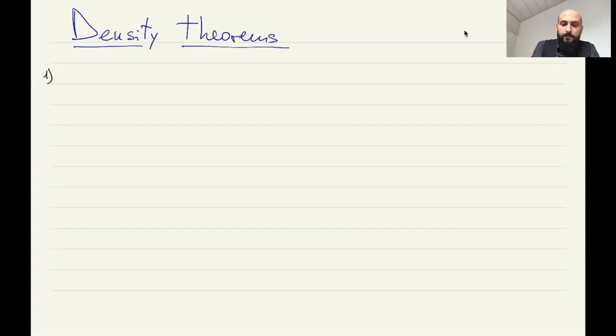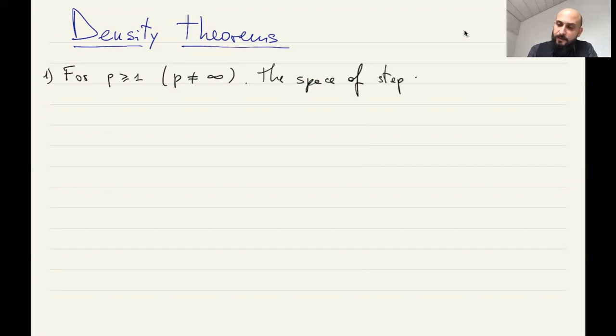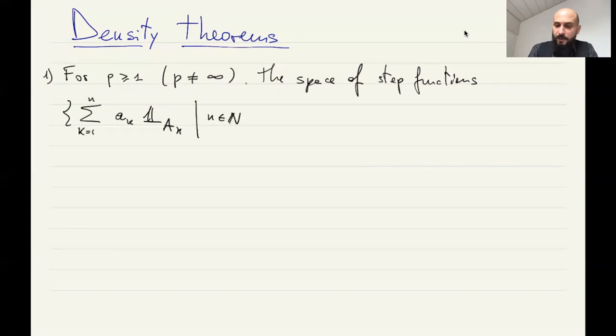The first theorem that I'll present is for all p greater than or equal to 1, but not p equal to infinity. What we have is that the space of step functions, namely you consider the sum of a_k times the characteristic function of A_k, summing from k from 1 to n, where n is a natural number.